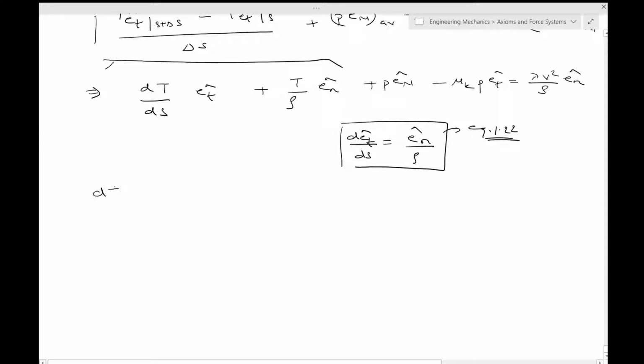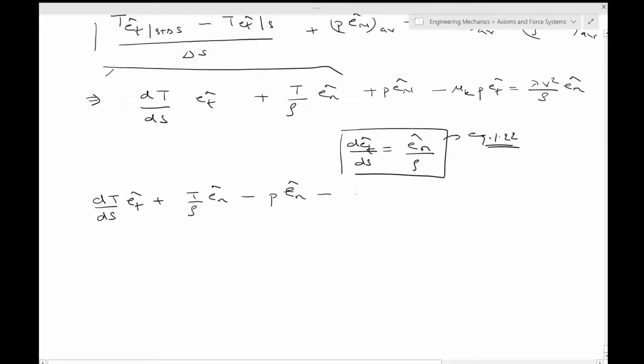So this would mean dt by ds et hat plus t by rho en hat minus p en hat minus mu k p et hat equal to lambda v square by rho en hat.